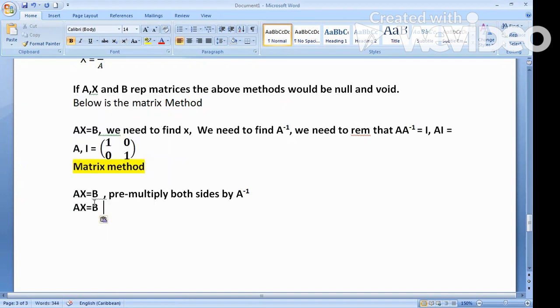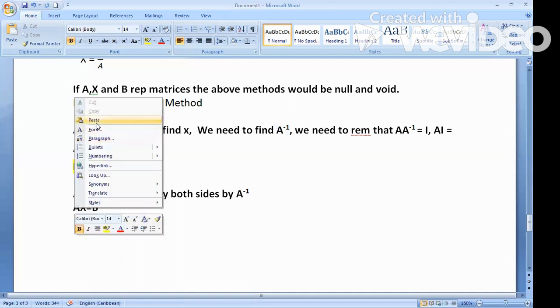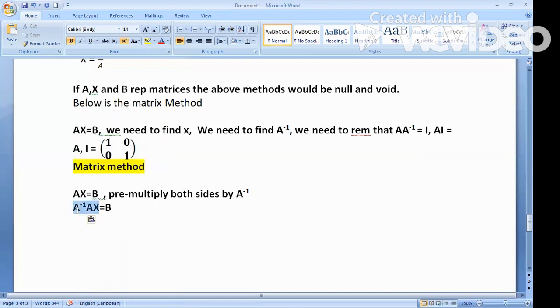So I'm going to pre-multiply both sides by A inverse. Let me try to color this up a little bit.